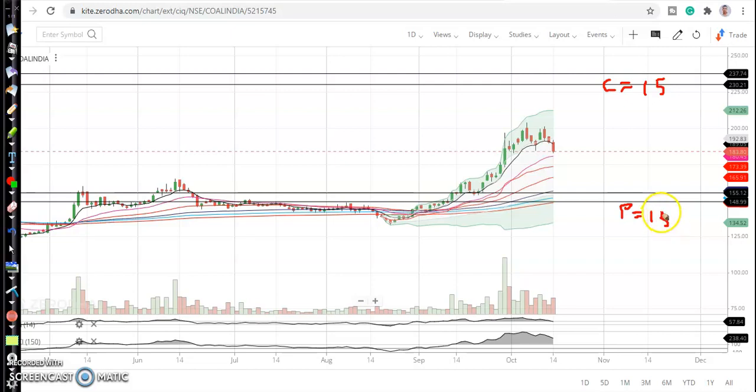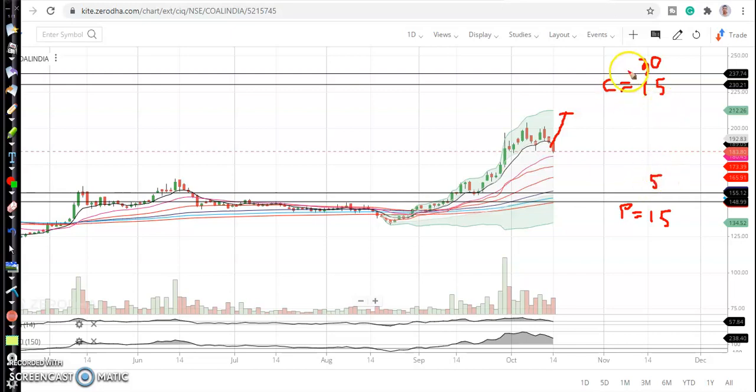So let's say the market goes up, a little more somewhere there. Now call delta becomes like 30, and put delta becomes, let's say, 5 right now.